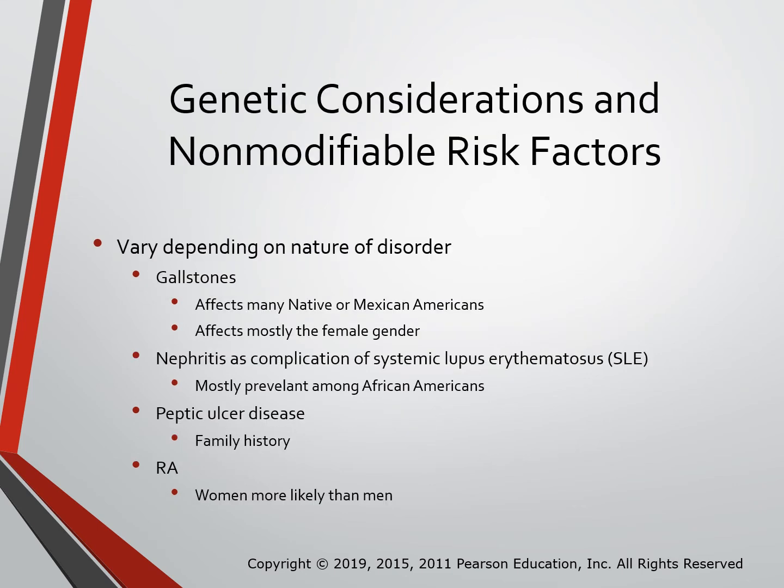Genetic considerations and non-modifiable risk factors. Before I get to that, I want you to look on page 673, and here are the alterations and therapies of inflammation. You have pain, and you have edema, heat, impaired function, altered oxygenation, so the site may look pale, it may look cyanotic, and the person may, when they're breathing, be cyanotic because they're not breathing well, and infection.